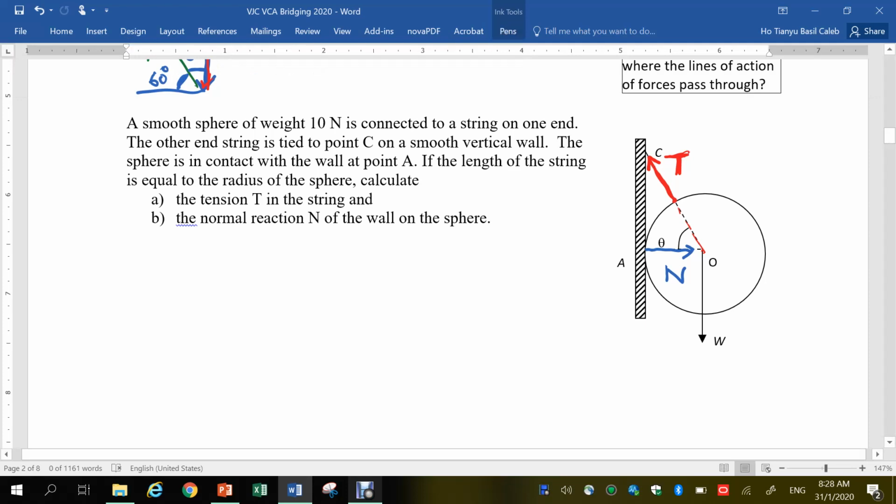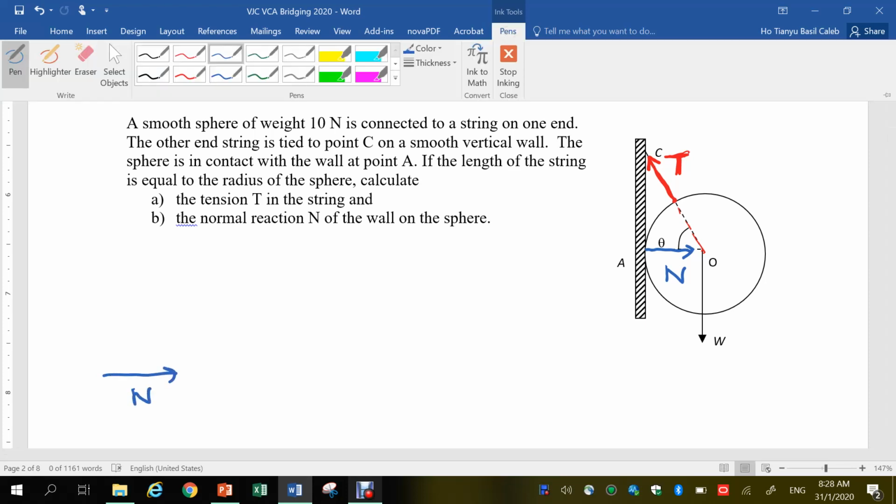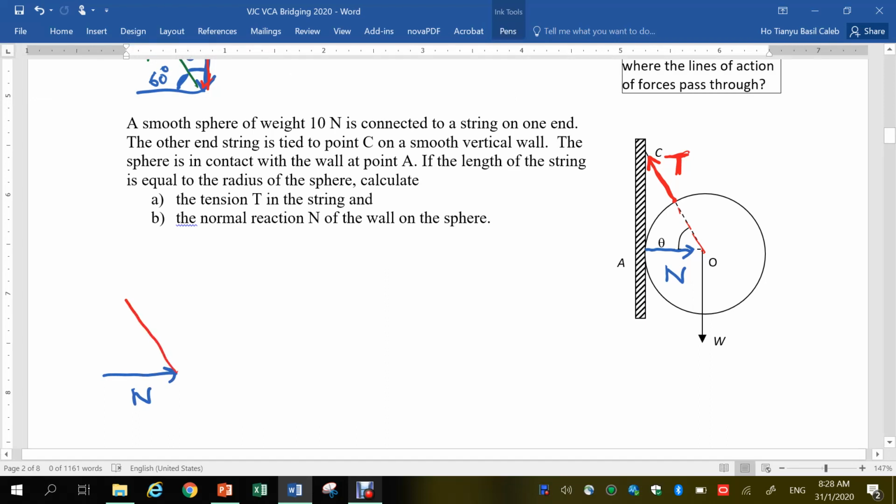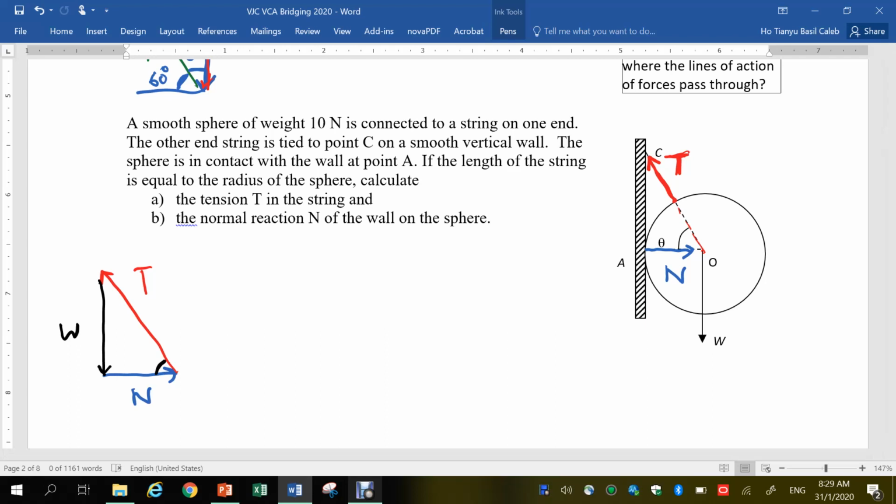N. Remember, we need to form a closed triangle. T, and next there's W. And here there's angle theta. What is this angle theta? Well, let's look at the physical dimensions of this thing.